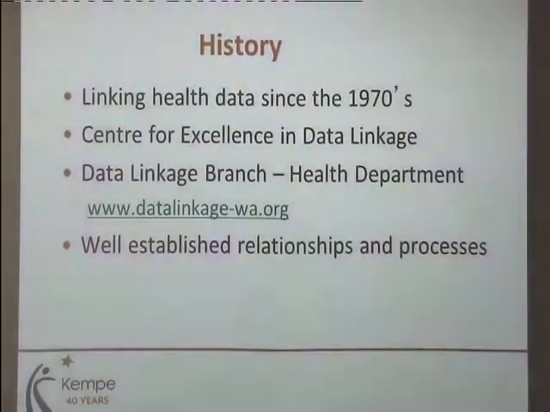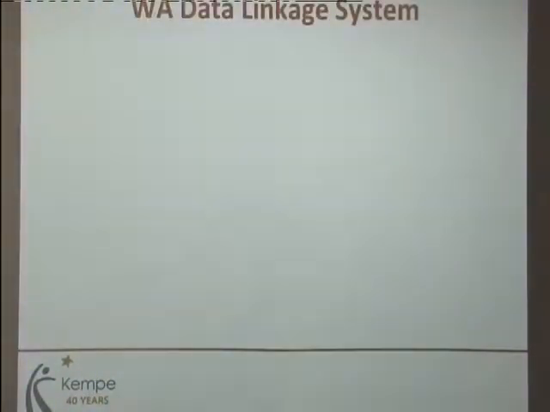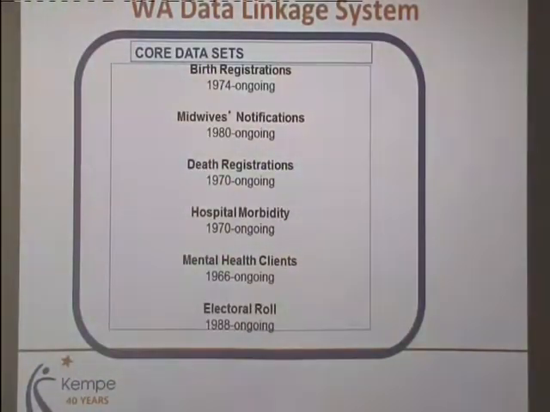And they have well-developed policies. So these are some of the core data sets in their linked data sets. What's not mentioned here is their child welfare data, but they do have child welfare as another linked set of information.